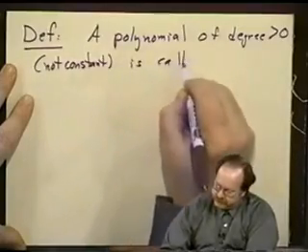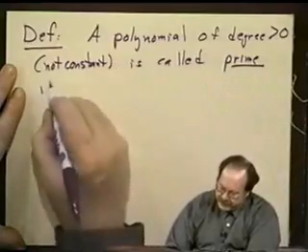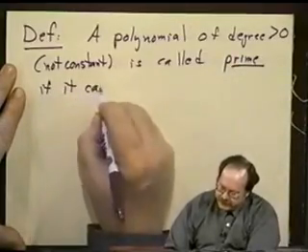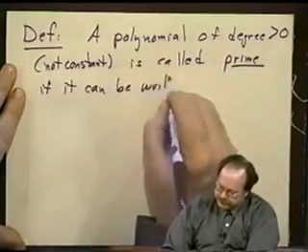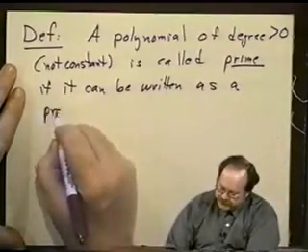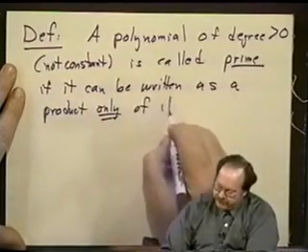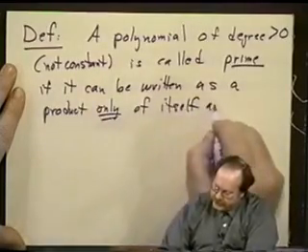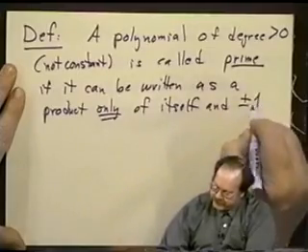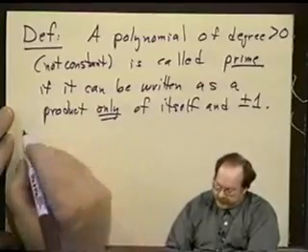Such a polynomial will be called prime if it can be written, well, you probably guess what's coming up, as a product only of itself. And we have to add plus or minus 1 here, but it's the same idea. It's a product only of itself and plus or minus 1.